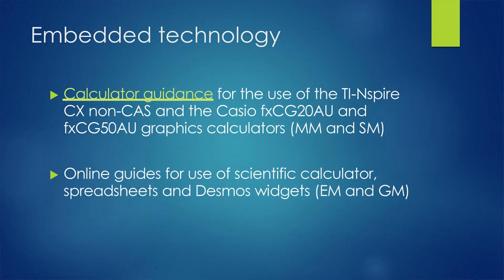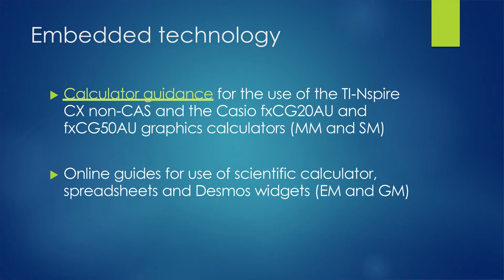So those examples are designed for 4 types of calculators. If you're a TI user, the examples relate to the TI-84. They also relate to the TI-Nspire CX non-CAS. If you're a Casio calculator school like our school, they're designed around the FX-CG20 and the FX-CG50 series. So let me just show you how that would look.